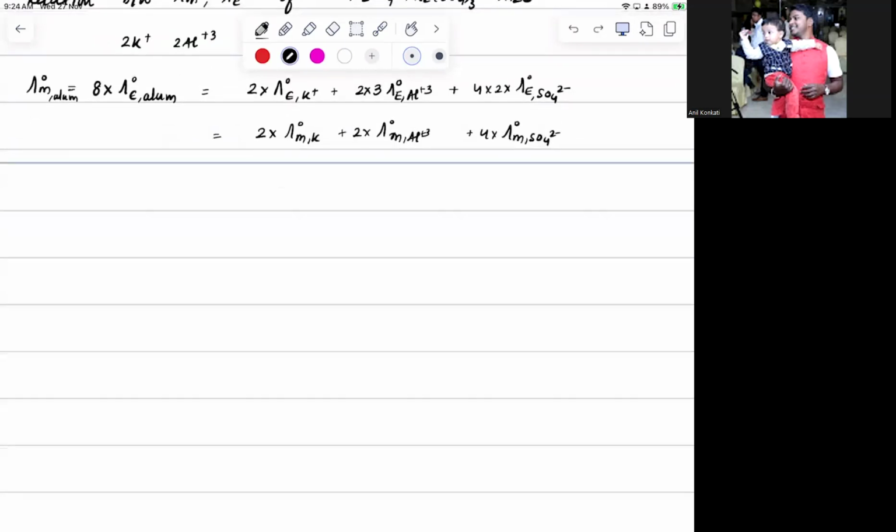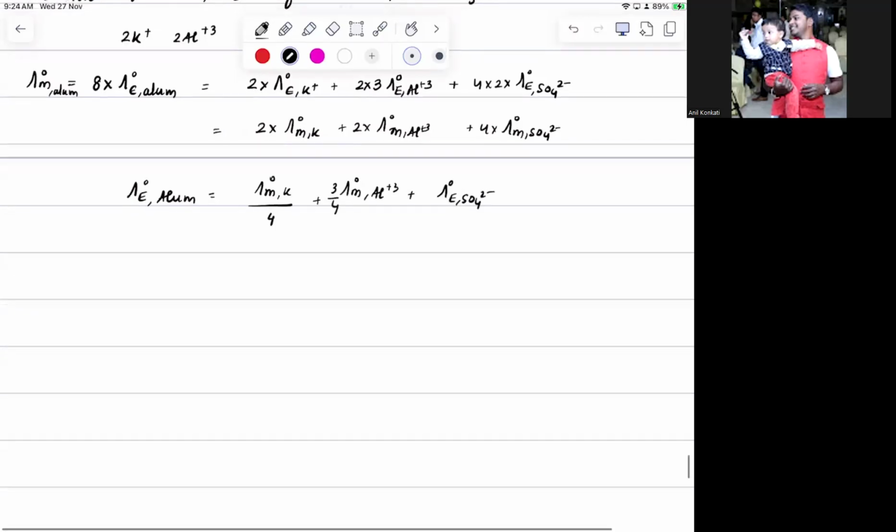Therefore, lambda e naught of alum will be equal to this divided by 8. So lambda m naught of K by 4, plus 3 by 4 of lambda m naught of Al 3 plus, plus lambda e naught of SO4 2 minus.